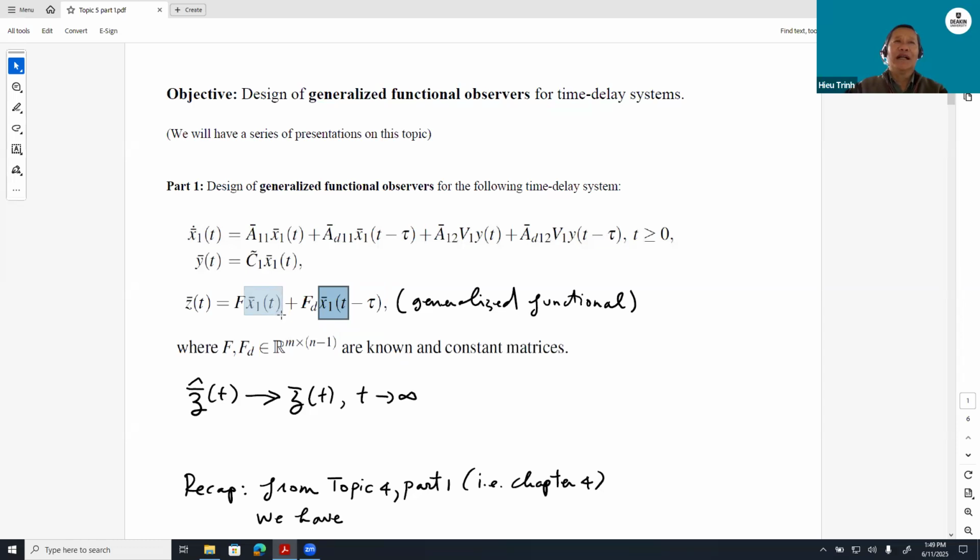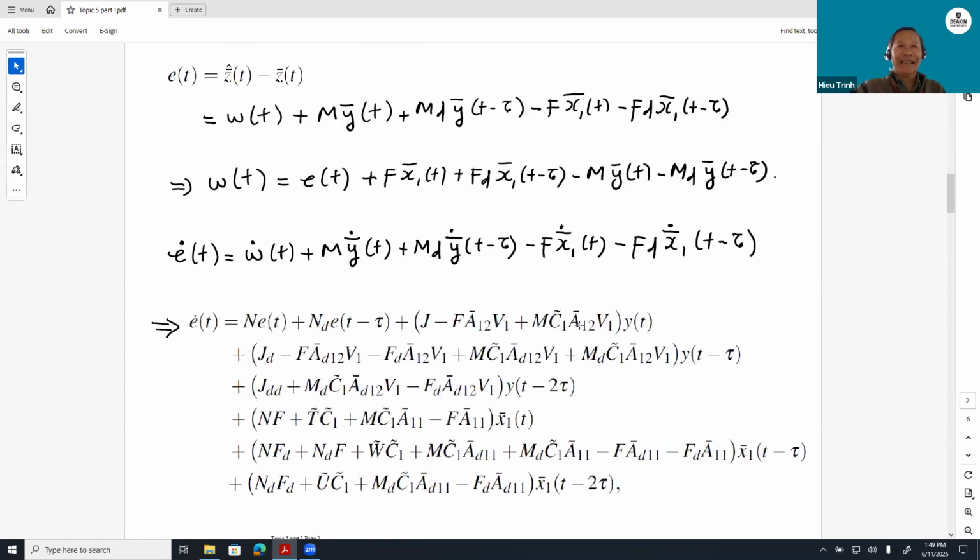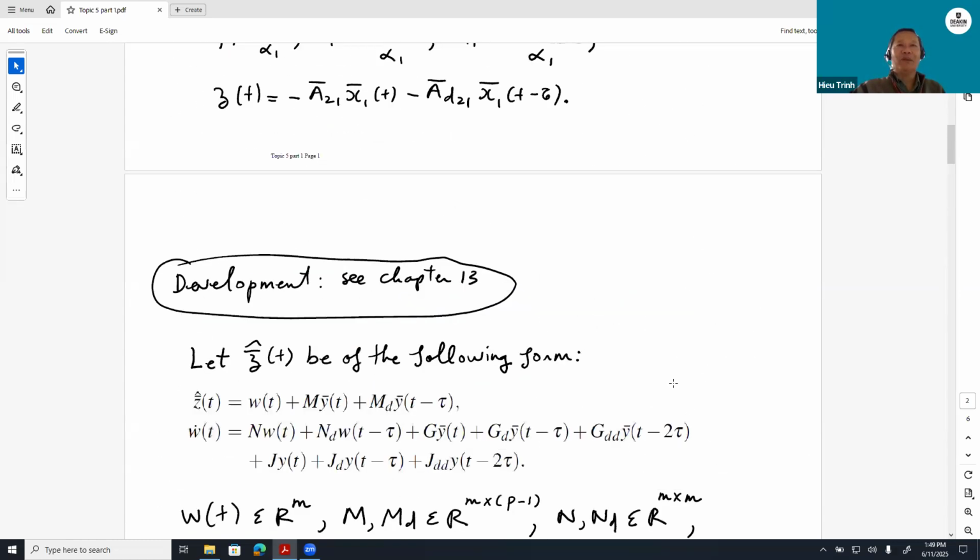So if we couldn't do that, how can we delay it? Whereas with this generalized functional, we can. So that's what we're going to do in the next talk. It's going to be exciting. And there will be many more examples to show the advantage of estimating generalized functionals in one go.